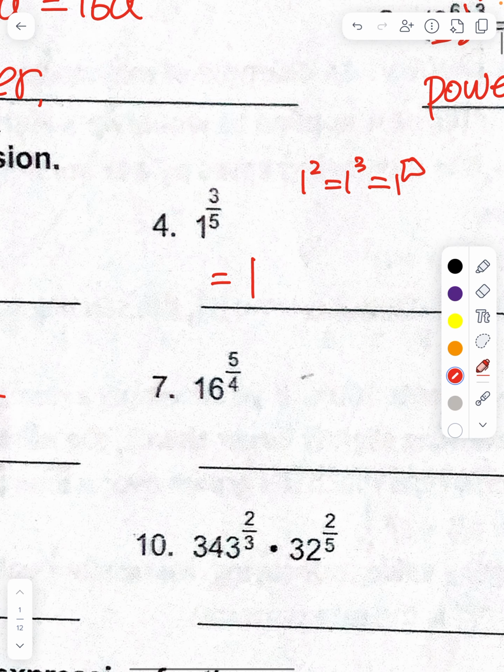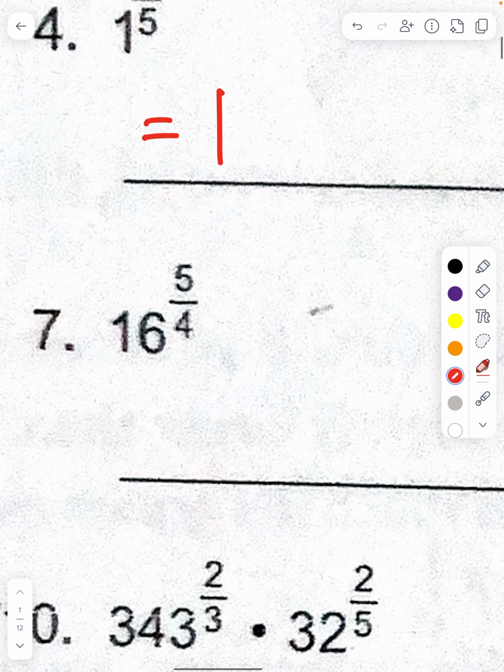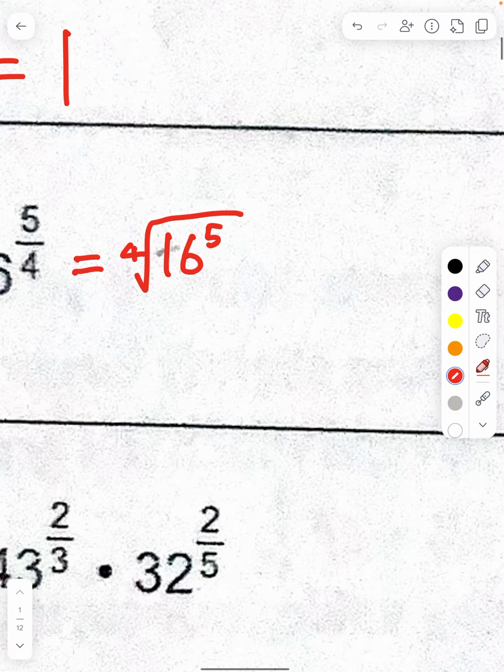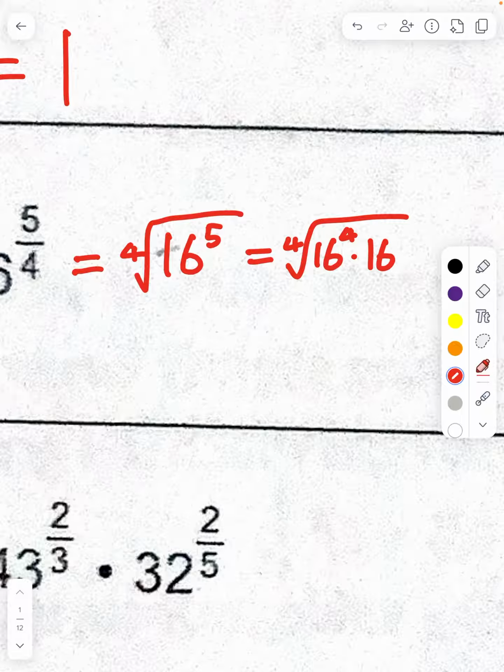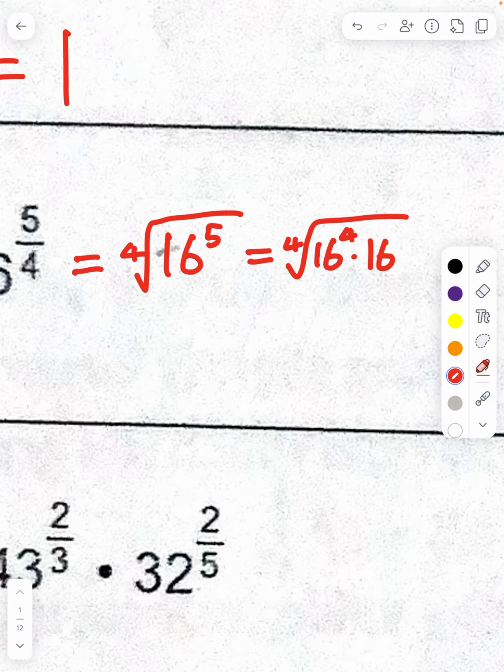Number 7, 16 raised to the 5th power, and the root index is 4. The root 4. I know that I can rewrite 16 raised to the 5th power as 16 to the power of 4 times another 16, right?